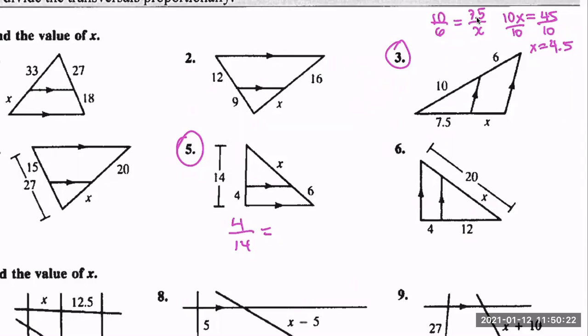Good, Christian. Okay, the ones all coming through now look good. Okay, it all looks good, you guys. So if I'm comparing 4 to 14, I'm going to want to pick the corresponding segment on the right. So 6 to x plus 6.